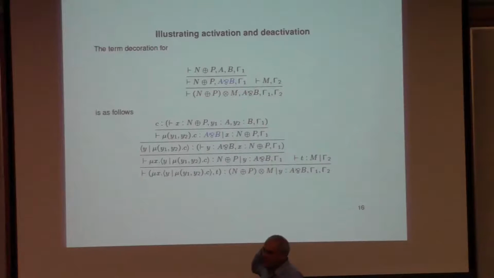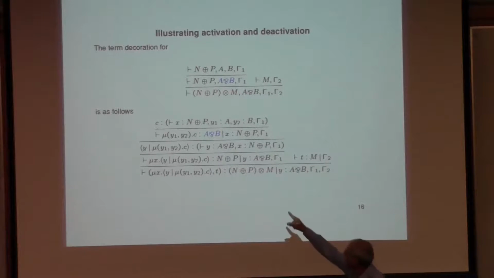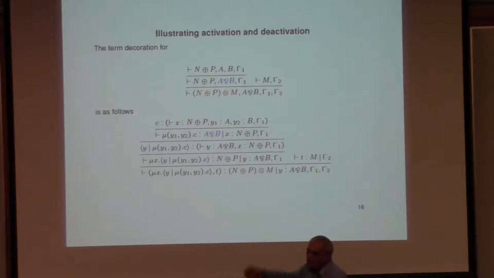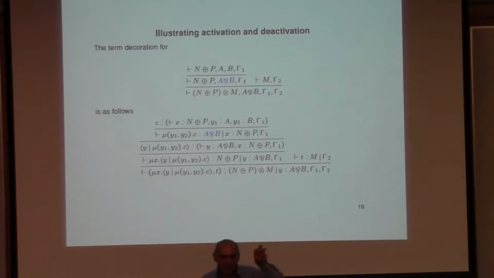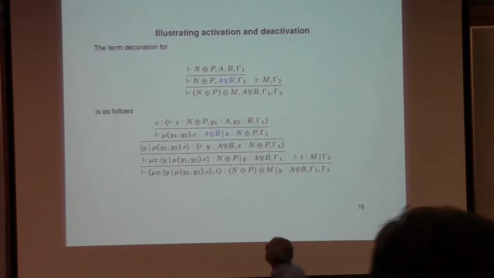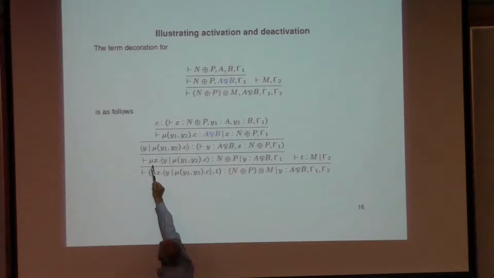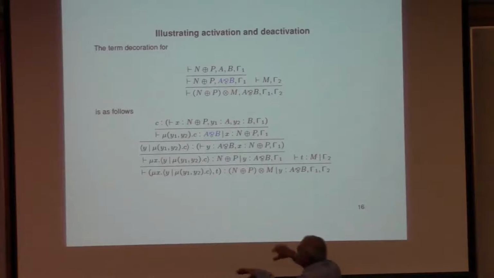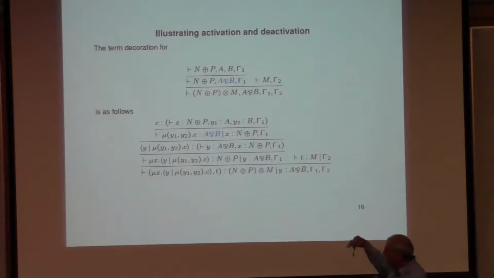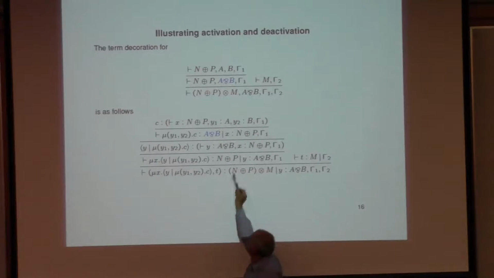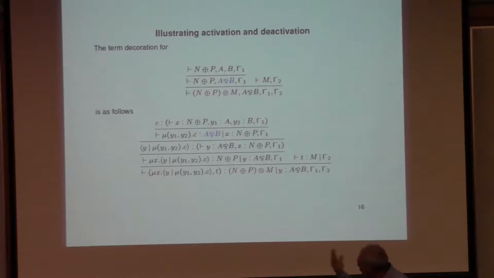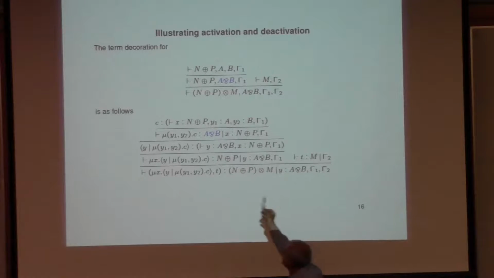So the trick for deactivation is just to cut this term with a variable. So now you can think of this variable as a placeholder for the formula A par B, and the result is a command where y is cut against mu y1 y2 dot C, and this becomes again a neutral thing where nothing is activated. And now I need to activate N plus P, so I use the mu, which is the activation construct.